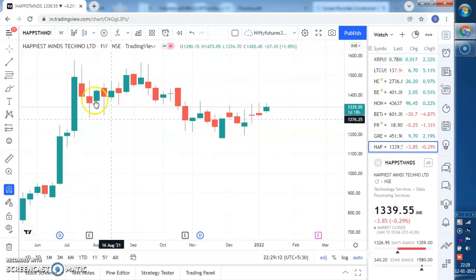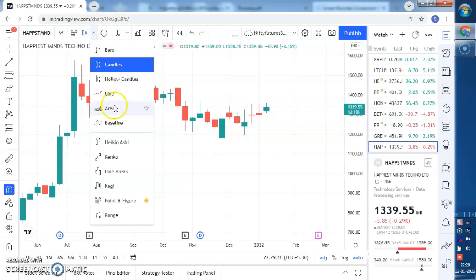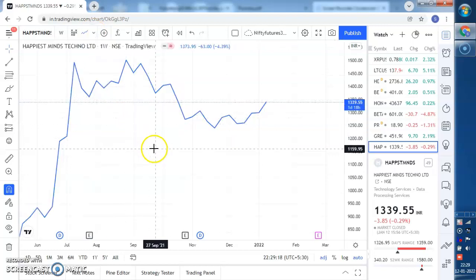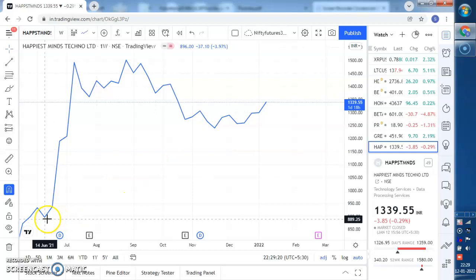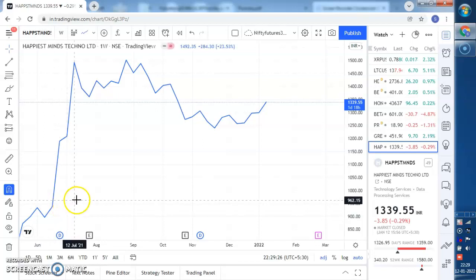What we generally do is, initially it is simpler to just look at the line chart. How is a line chart made? A line chart is made by joining the closing values only with straight lines. So here we further filter out, we get rid of all noise, and only closing prices are there. It is as if, like the mutual fund, it reports the NAV.